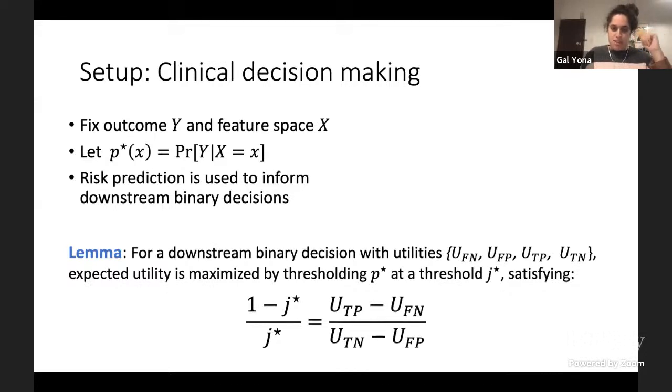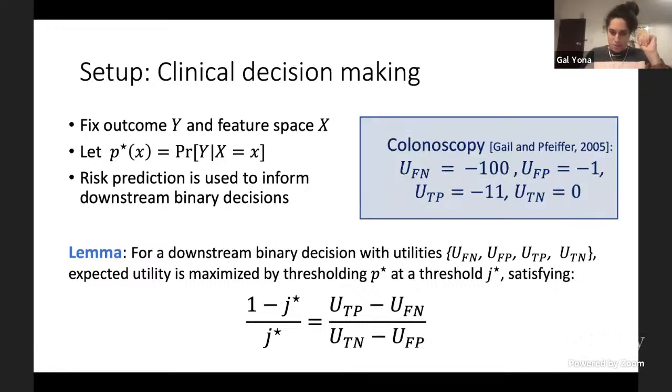And this result that I talked about before from the therapeutic threshold basically says that if you give me a binary decision that has some utilities given by U of false negatives, false positives, true positives, and true negatives, then if what you're interested in is maximizing expected utility, then what you should do is take P star and threshold it at a J star that satisfies this equation that I have here. And it's a very simple derivation that I'm not showing.